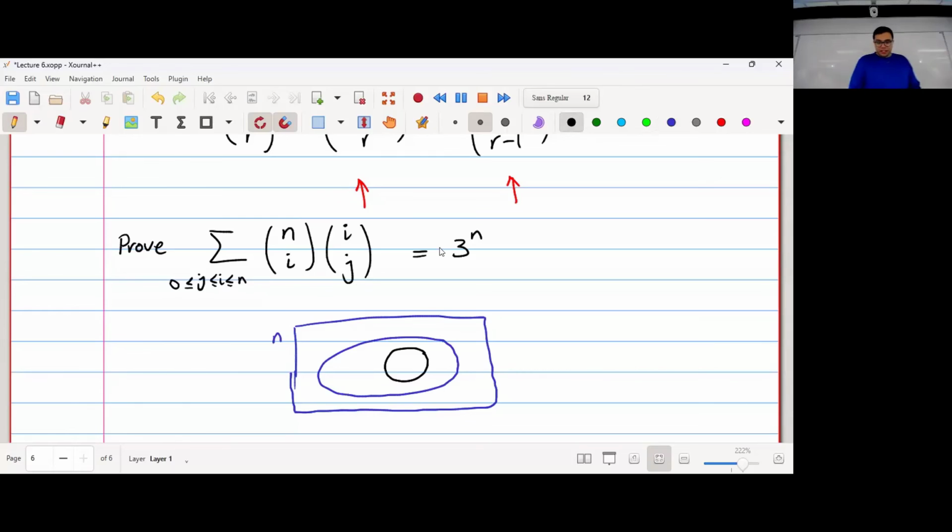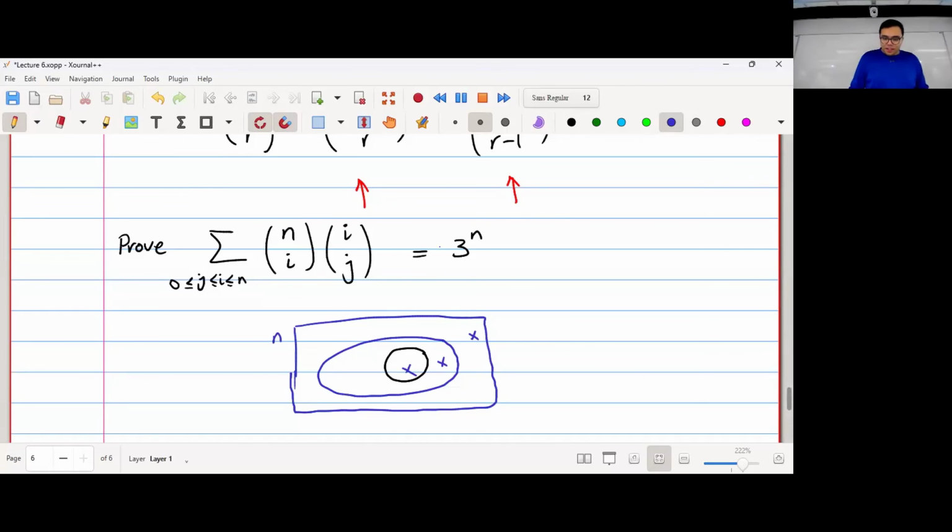On the one hand, the number of ways is 3 to the power of n, and we have already proven this, but let's just do it using the multiplication principle again really fast. If I look at each one of my people, there are 3 different places I can put them. I can say that you don't get an A, or you get an A but you don't get A+, or you get A+.